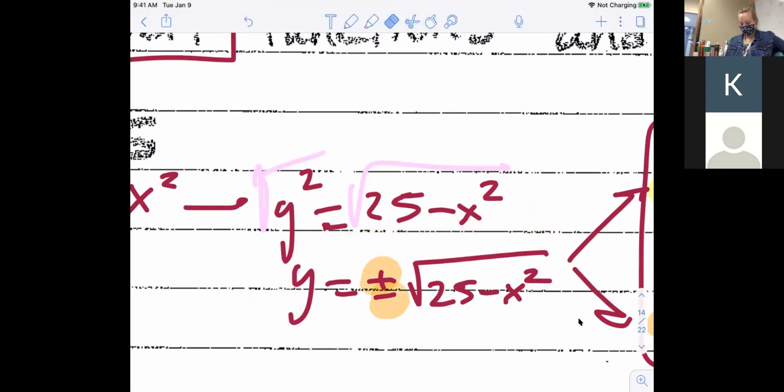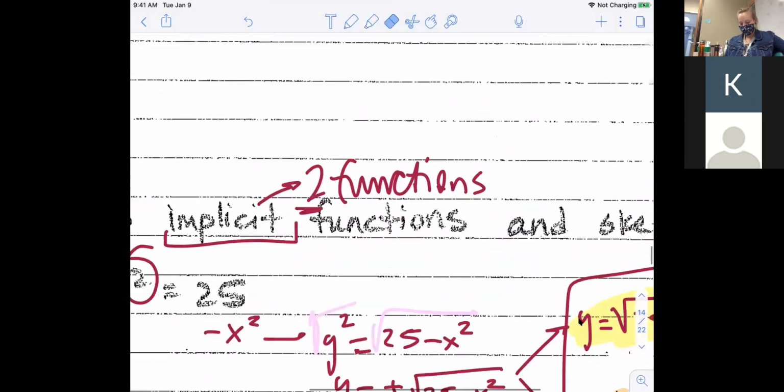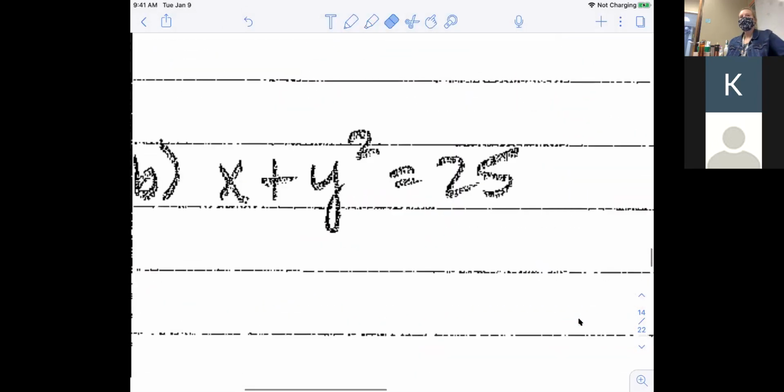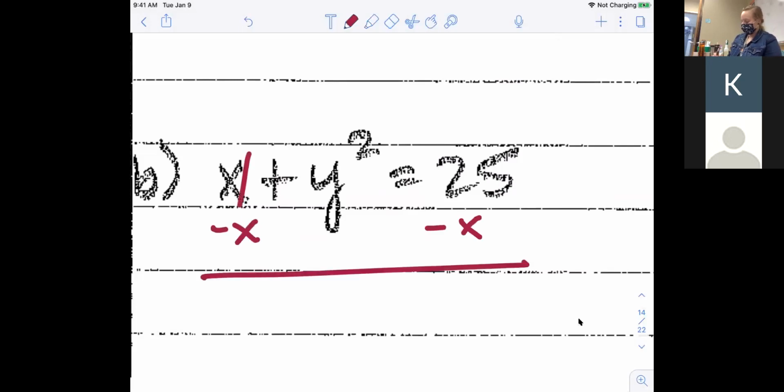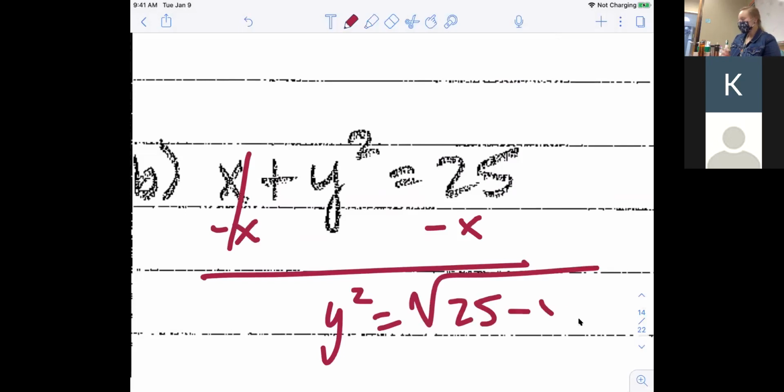Okay, shall we do another one? Awesome, I can't wait either. What do I do first? Subtract the x. This problem is almost the exact same, except it's not x squared, it's just x. And then what do I do? Square root.